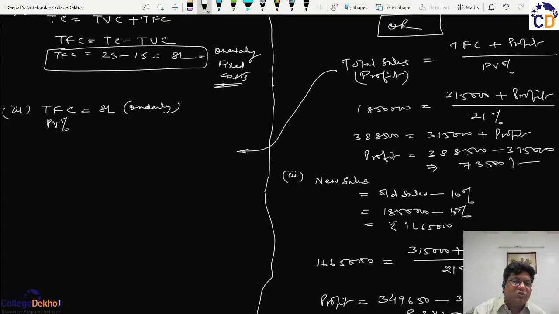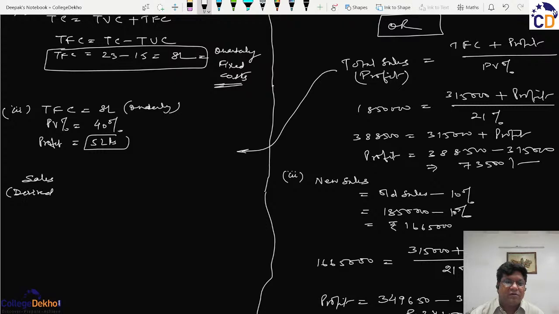The PV ratio will remain the same because it changes only if there is a change in the selling price or the variable cost per unit. Because the company expects a profit of rupees 5 lakhs, the sales to generate the desired profit must be equal to the total fixed cost, that is 8 lakhs, plus the desired profit, that is 5 lakhs, divided by the PV ratio.